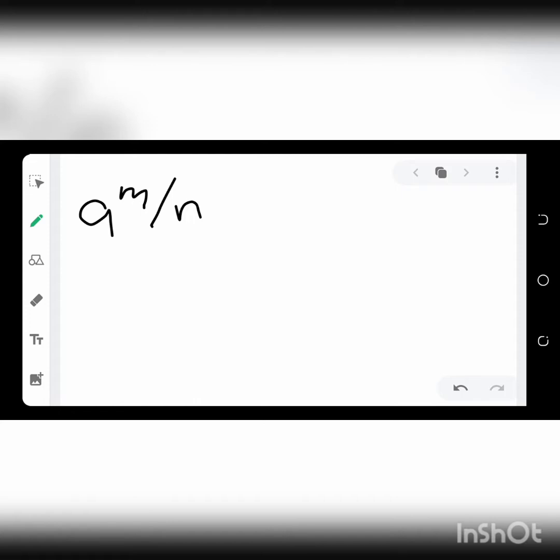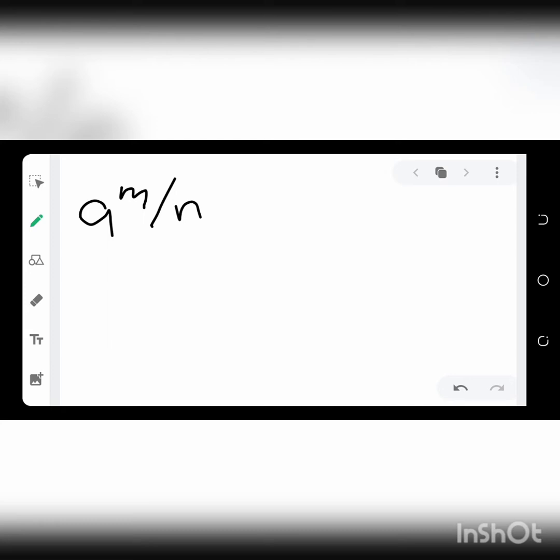For instance, for the case of a raised to the power m over n, what I will do is find the nth root of a and power it by m.